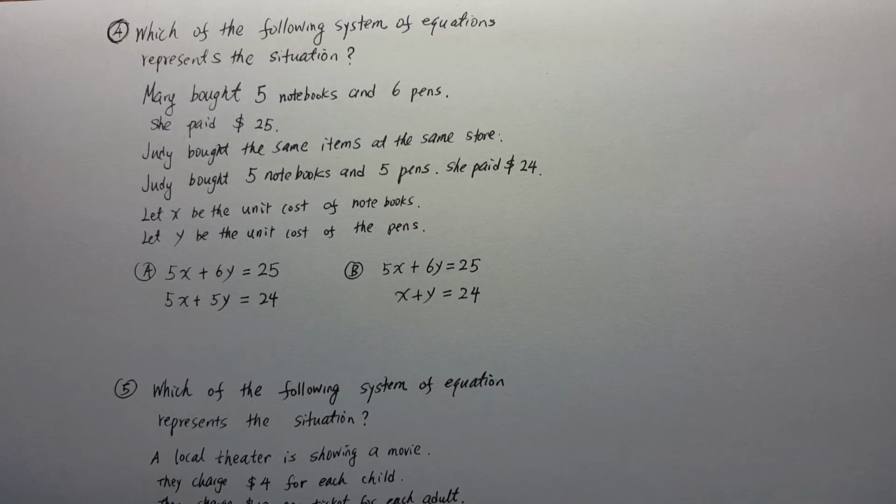So now you're going to read the information, and then you can choose A or B. 30 more seconds.